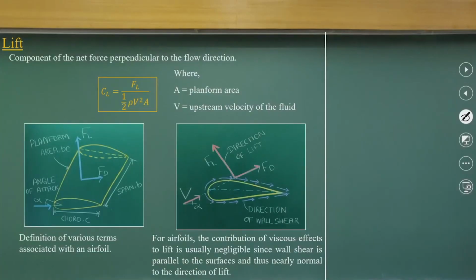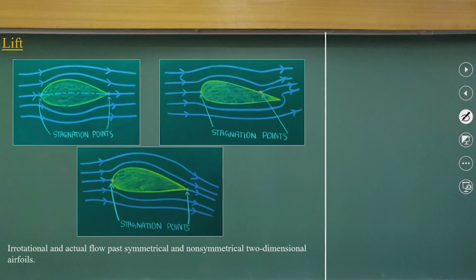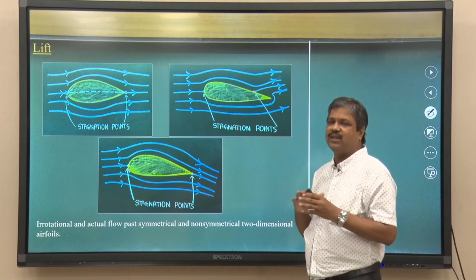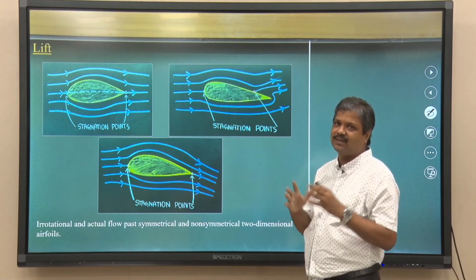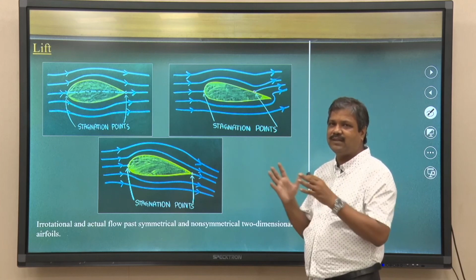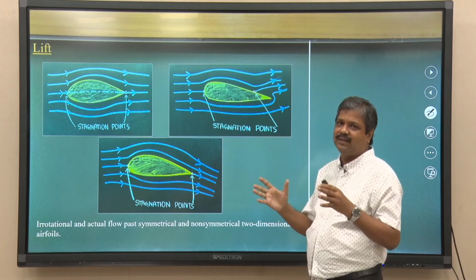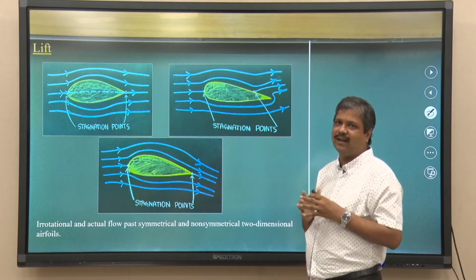Here we can have lift and drag forces, and you can look at the directions as I thoroughly discussed earlier. When you look at the lift and drag forces, in a very short way I can say you have to look at where the flow separation happens. Most of the time in engineering we try to avoid flow separation, because if there is flow separation, then the force due to the pressure difference, the form drag, will be much higher.